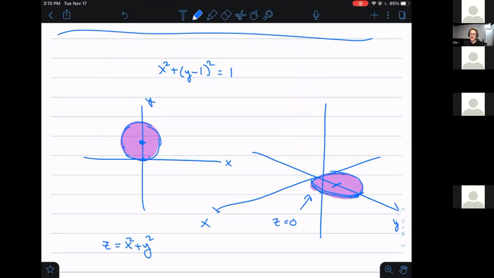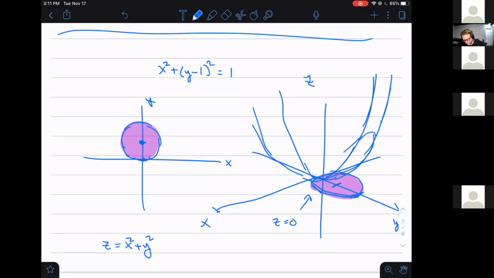Well, this is kind of the classic paraboloid. It looks like parabolas opening in the Z direction, whether you go in the X direction, something like this, or in the Y direction, something like this. And you're going to end up cutting out from this paraboloid maybe some interesting circly shape, maybe like a lima bean.